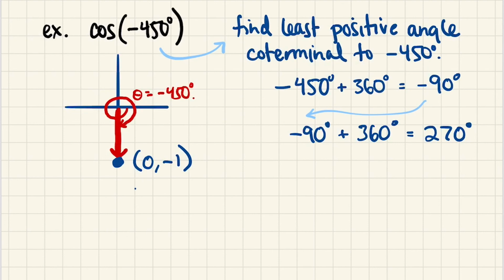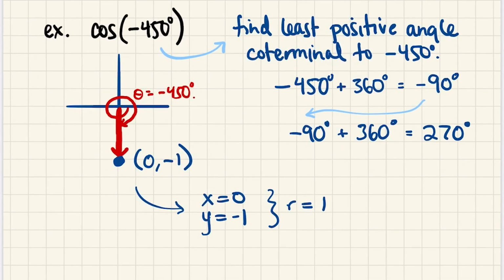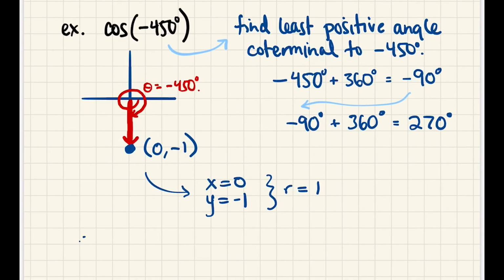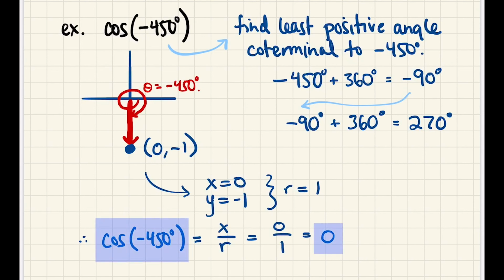So we can see that x is equal to 0, y is equal to negative 1, and r will turn out to be 1. Okay, it's just that positive distance. And now we can evaluate cosine of negative 450 degrees. So cosine is defined to be x divided by r. So in this case, that would be 0 over 1. So cosine of negative 450 degrees is 0.